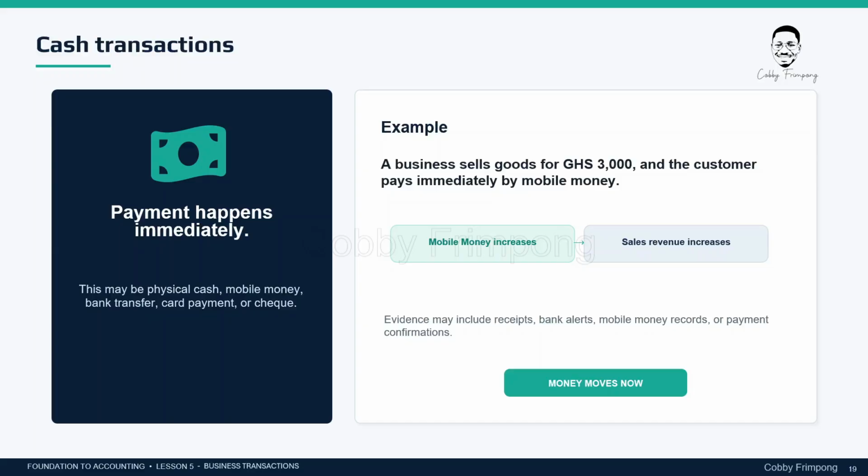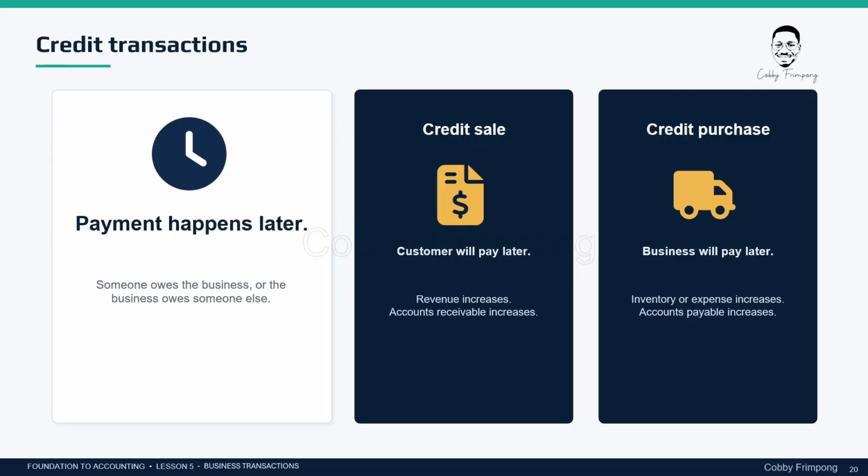The key idea is that payment happens immediately or at the time of the transaction. For example, if a business sells goods for 3,000 Ghana cedis and the customer pays immediately by mobile money, cash or mobile money increases and sales revenue increases.